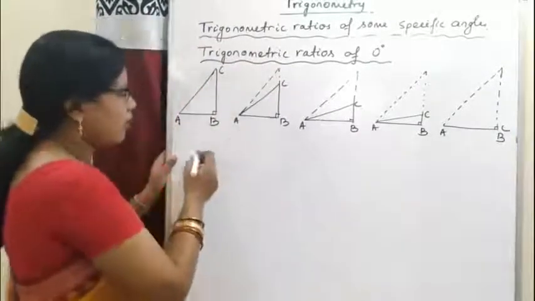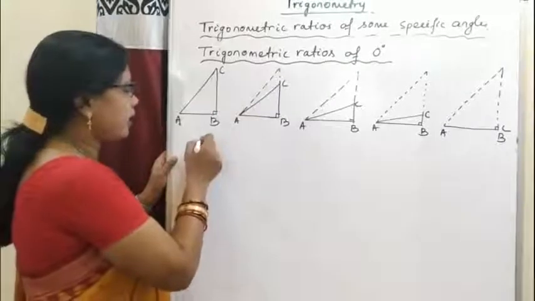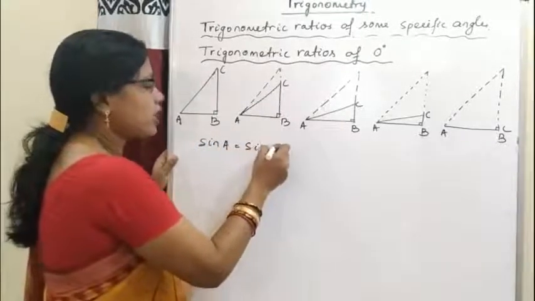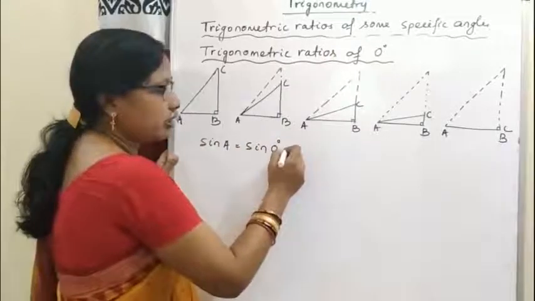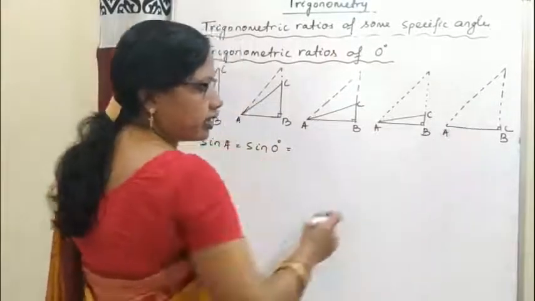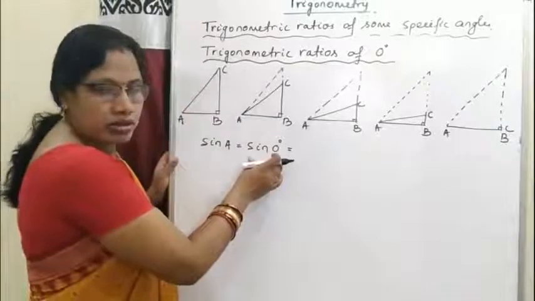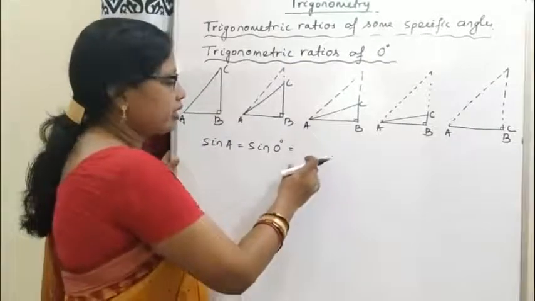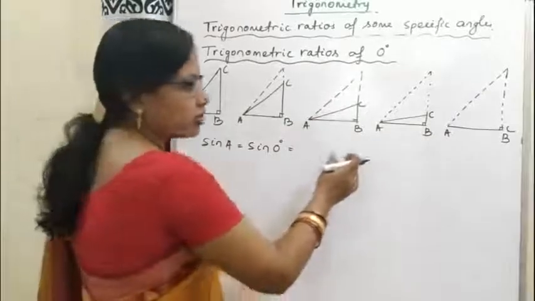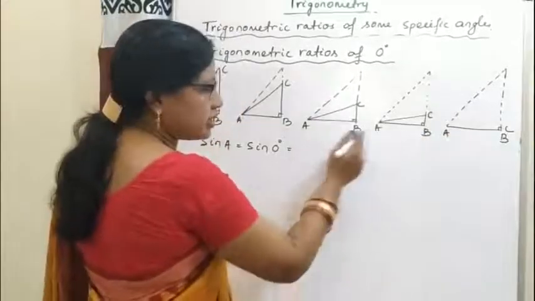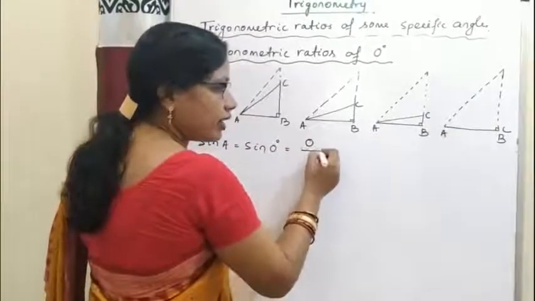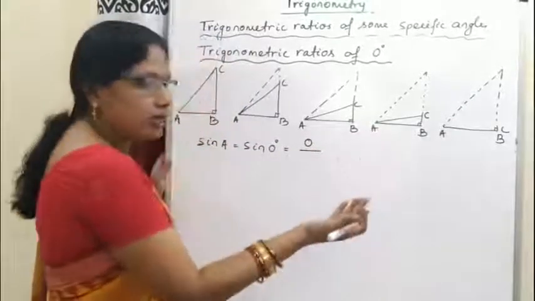So here we have to find sine A, that is equal to sine 0. We will consider this triangle. Sine 0 means the opposite side of 0 degree divided by the hypotenuse. Here the opposite side is BC, so BC becomes 0 divided by AC, which is equal to AB.